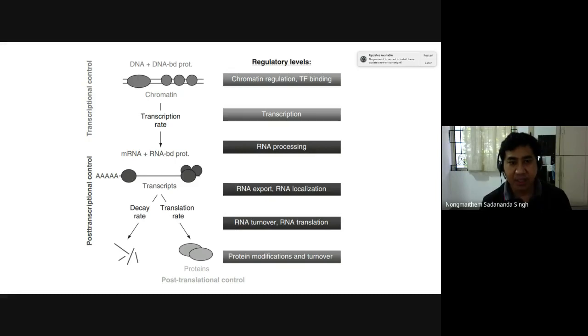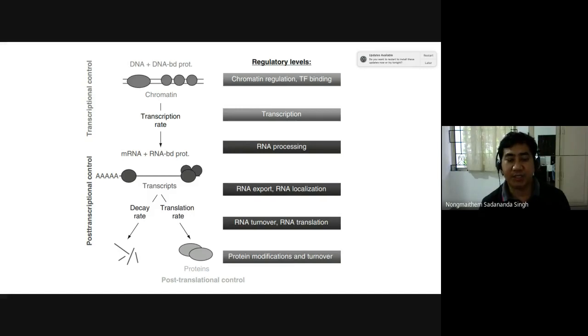And third one, after it's being exported out, where does it localize? It can be localized with RNA interacting proteins. All those things can have a profound effect that we know of.